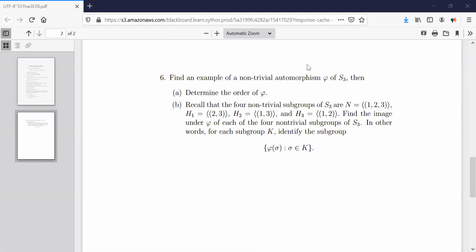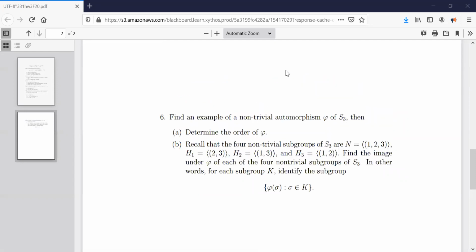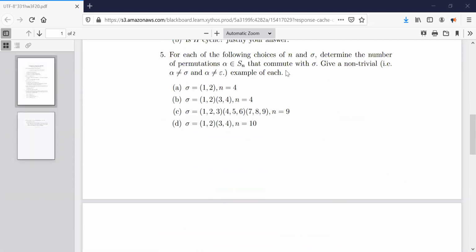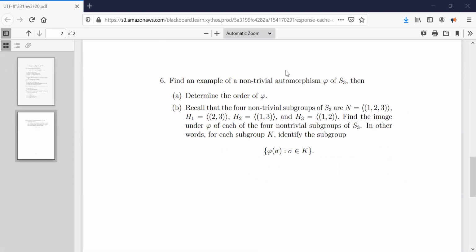I'm not sure. I think H will have 12 elements once you mix them. Yeah, actually.